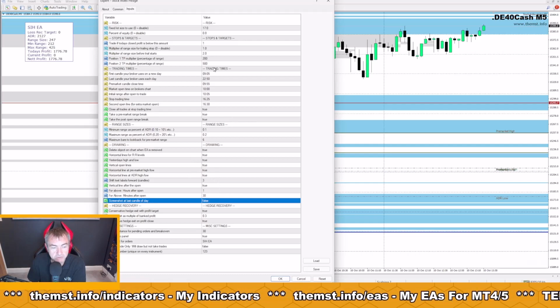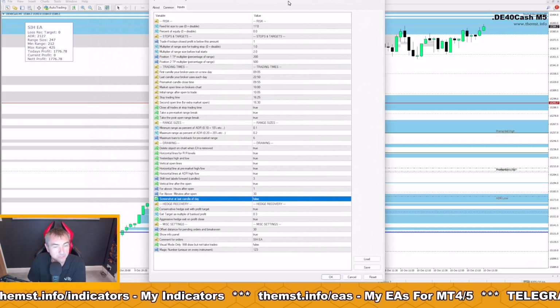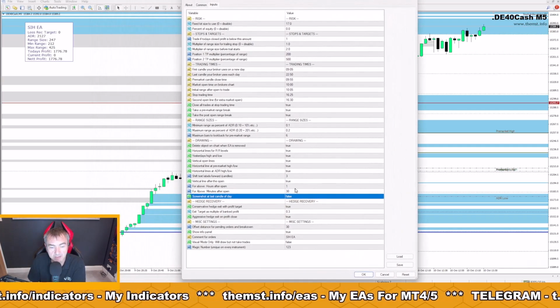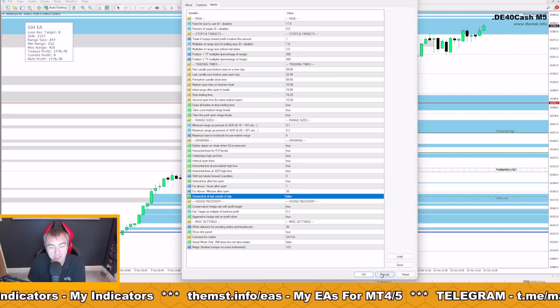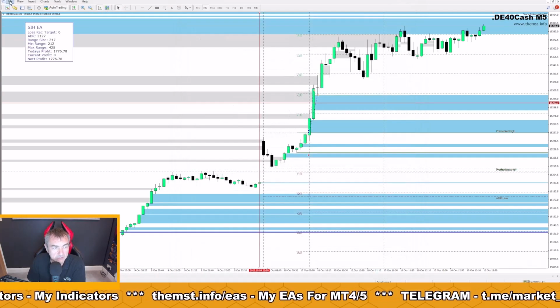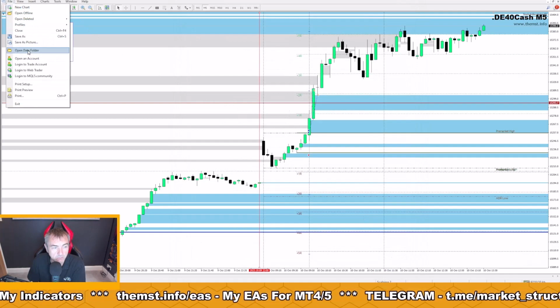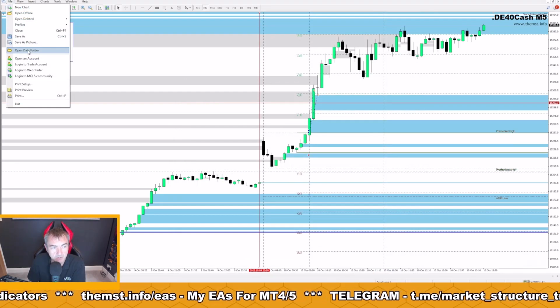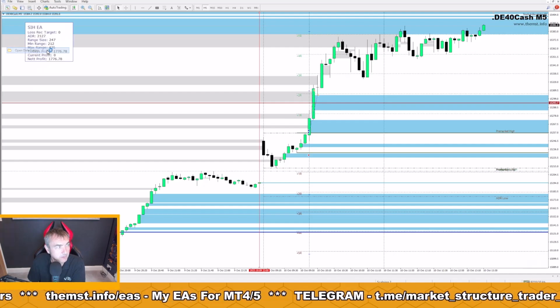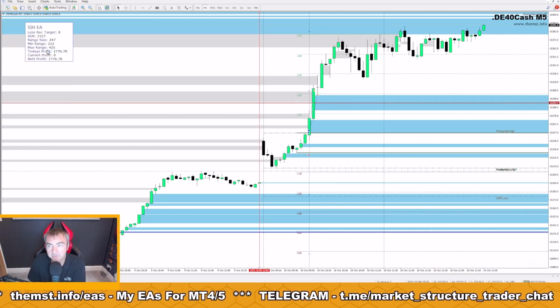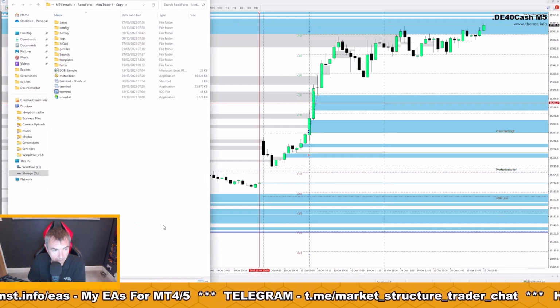And we've covered screenshot at the last candle of the day there as an input. That is basically taking screenshots. Your screenshots will be stored in your folder on MT4. If you go up to File and Open Data Folder, click that. That will open the data folder. There we go.